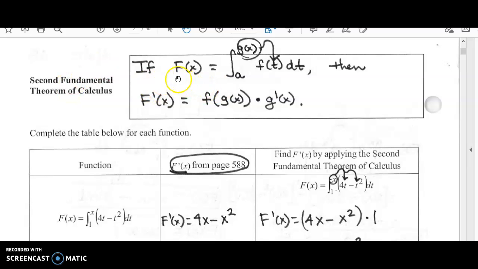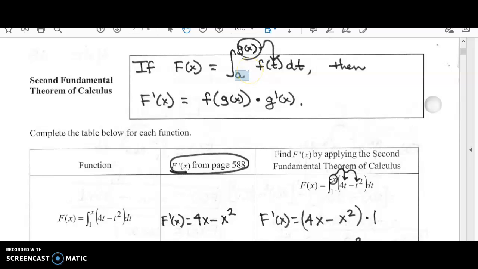So if you have a function defined as, and they use capital F, lowercase f here, and it's from any constant to some function, okay, the example we did earlier was x squared, you replace that function in for t, so it's still f of g of x, because you're replacing t with that, and then times the derivative of g of x. Okay, and we can do the same thing. We could actually do the same thing if the function's here.